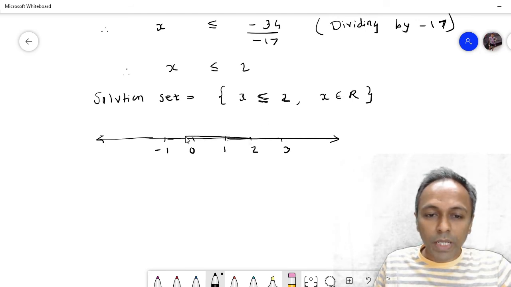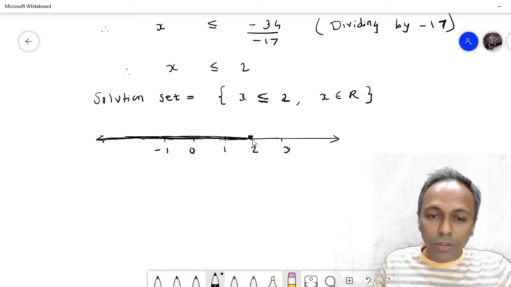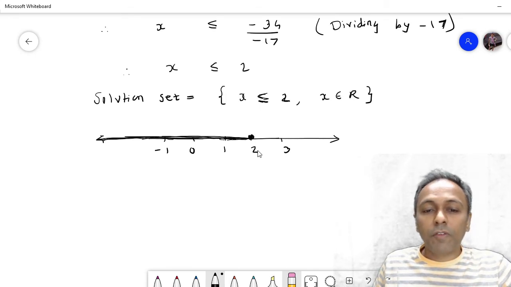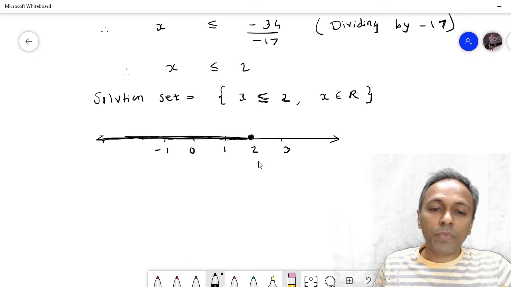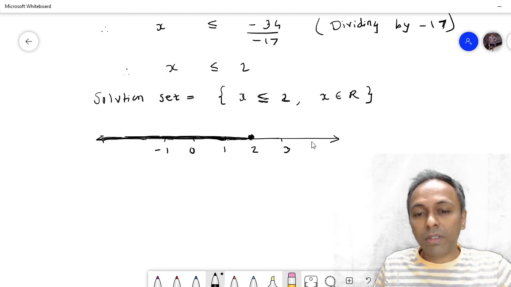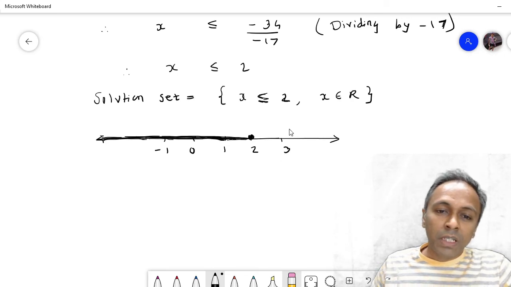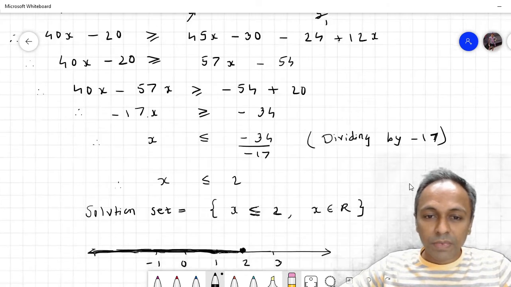So you will make a darker line on the left hand side of 2 because you are interested in values lesser than 2, but you are also interested in value equal to 2. You have to ensure that you make a filled circle here at 2, a darkened one. This line that you have made, this portion that you have highlighted, should be more darker than the leftover part. I hope you have got this.